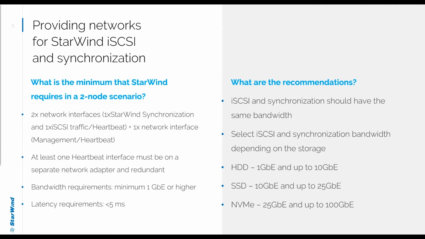To start with, StarWind requires 2 network interfaces, one for StarWind synchronization and one for iSCSI traffic, which can also be used for heartbeat, and one additional network interface as an additional heartbeat that should be located on a separate network card. As for the bandwidth requirements, StarWind requires minimum 1 GbE bandwidth, and the latency should be not higher than 5 milliseconds.